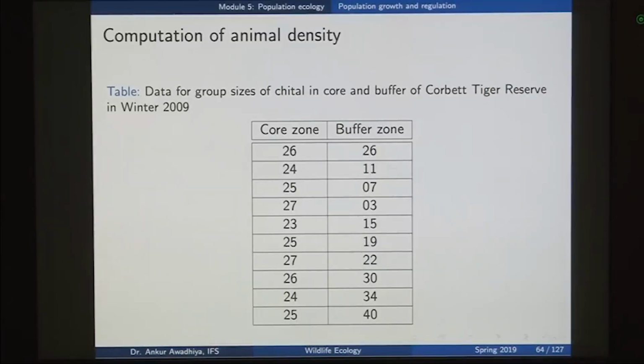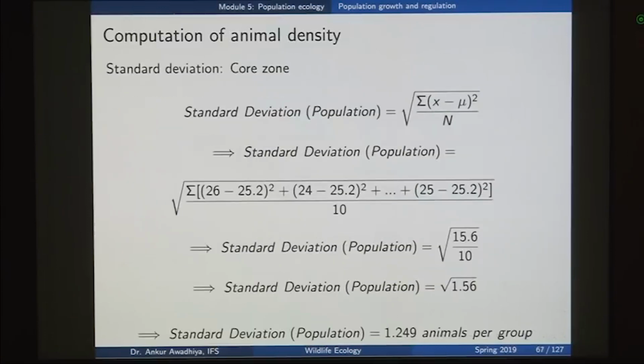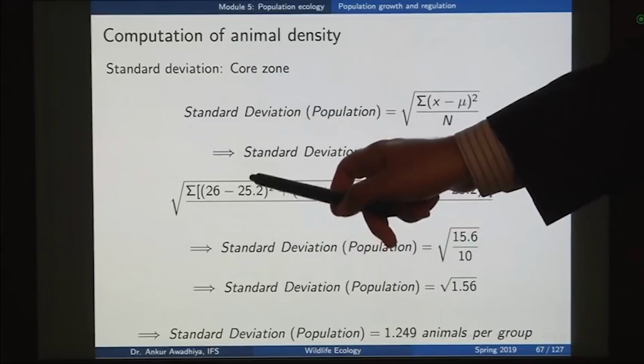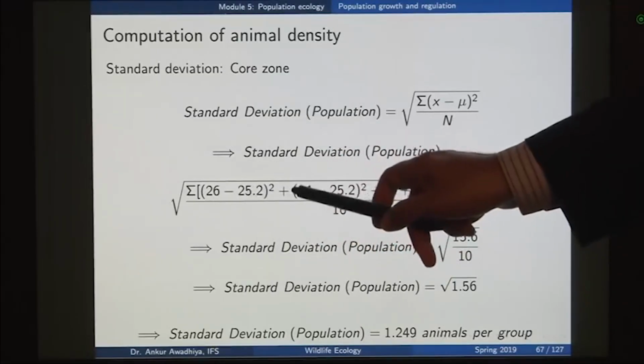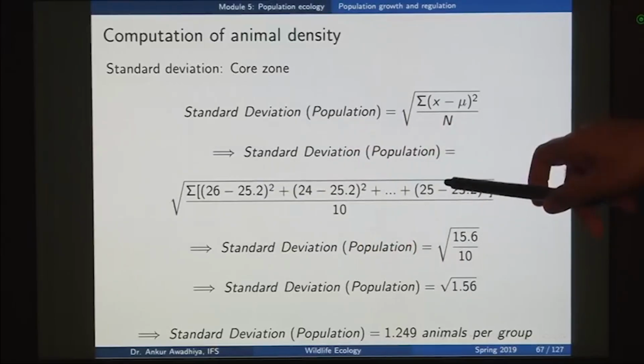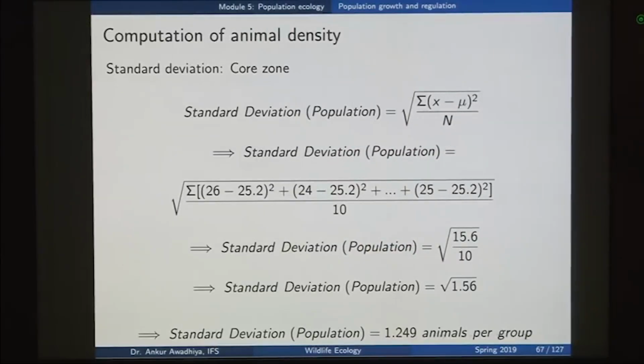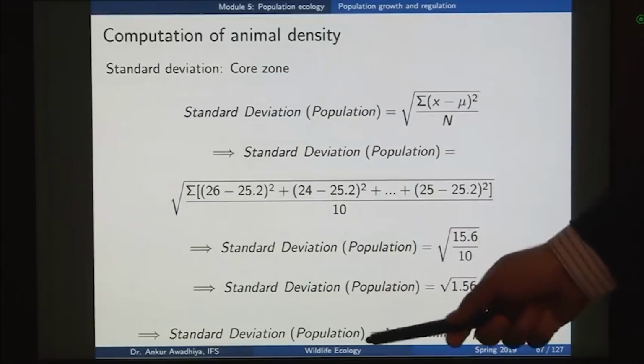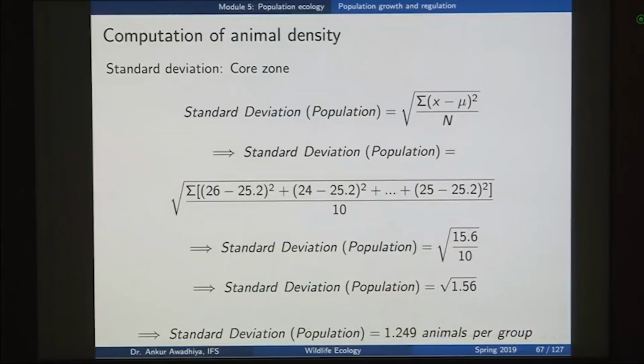So, when we are computing the standard deviation, you will have these values 26, 24 and so on minus 25.2. You take a square of all of these, add all of these and divide them by the total number of observations that you have made. So, here you have 10 observations. When you do this, you get a standard deviation which is 1.249 animals per group.